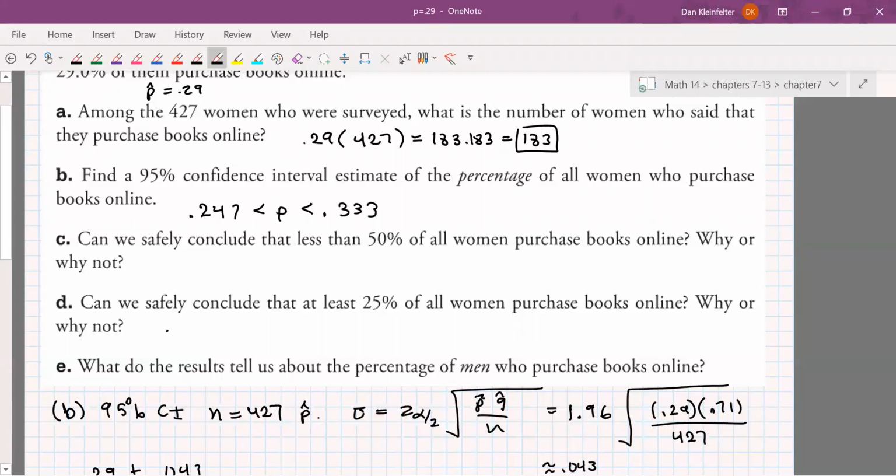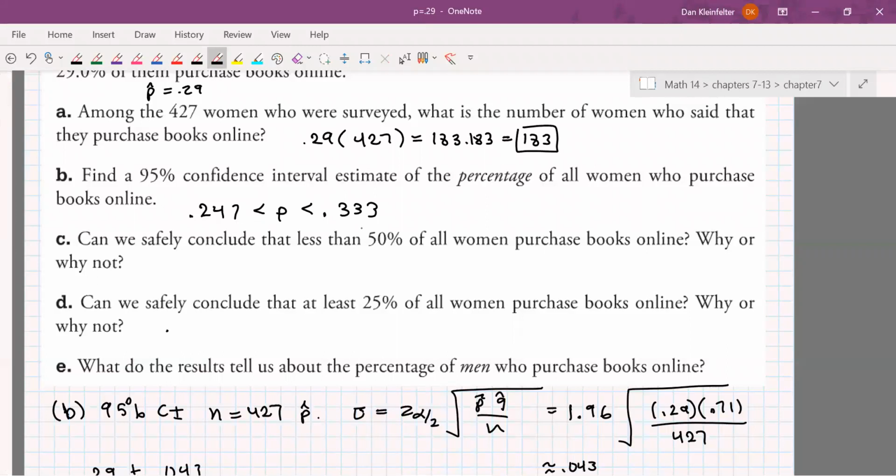So then for part C, it says, can we safely conclude that less than 50% of all women purchase books online? Why or why not? So we went through this procedure of finding a 95% confidence interval. And so we're 95% confident that our interval between 0.247 and 0.333 contains our p, right?